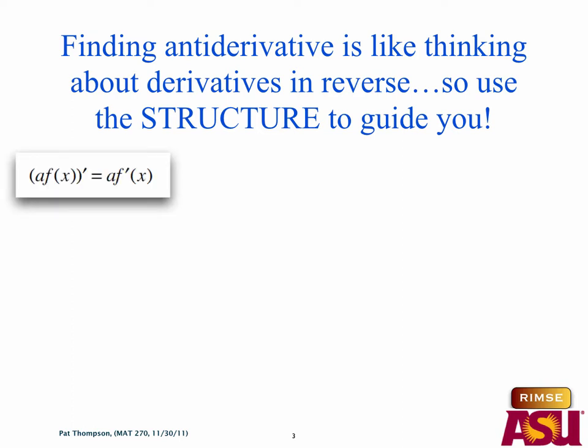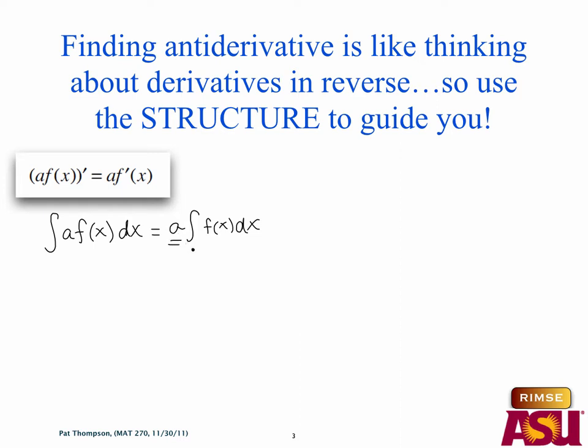So, for example, when I look at the constant multiple rule for a derivative, if I were to think about that in terms of antiderivatives, then if I had something that looked like this inside of my integral, where I have some constant multiple of a function, little f, then in the same way that you leave the constant multiple alone and multiply by the derivative of the function, that process doesn't change.